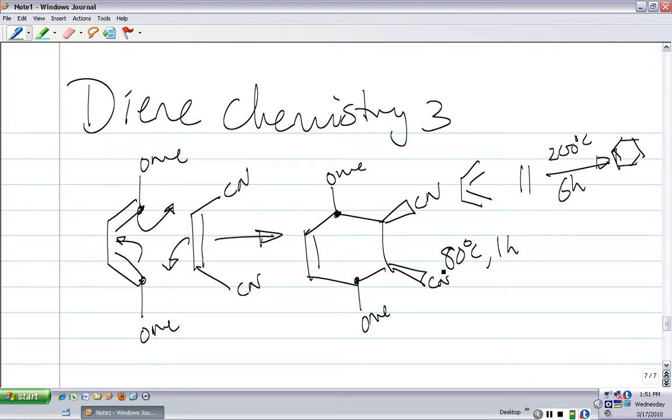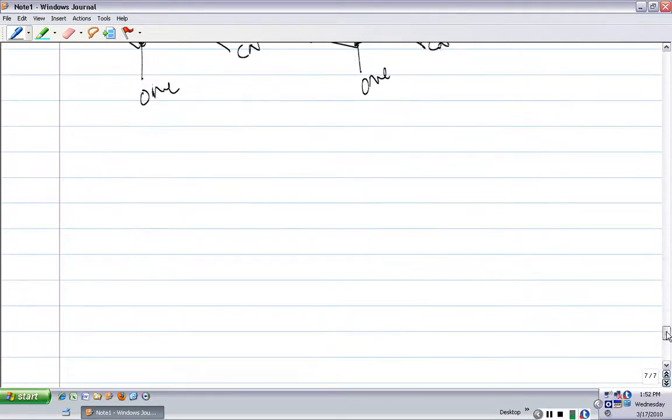The next issue to address is what happens if the diene and the dienophile look a little bit different. Let's do one at a time. What would happen if I reacted these compounds? Let's say I have NO2 here and NO2 here.